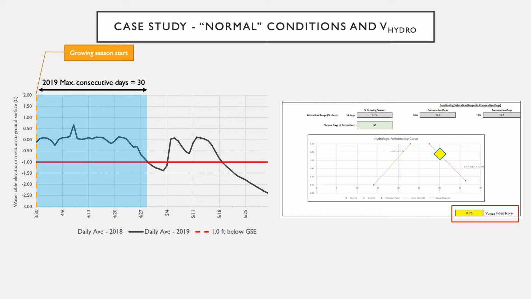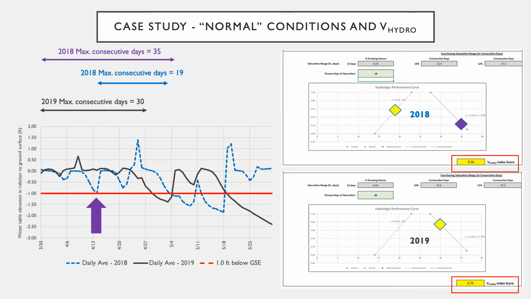Again, same well, same site. In 2019, we observed a maximum consecutive days of saturation of 30, which equates to a V-hydro index score of 0.75. Now, the important difference is that we're on the recession limb of that performance curve.